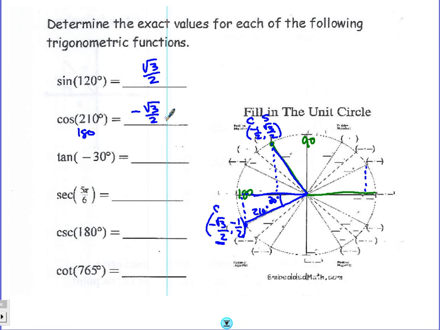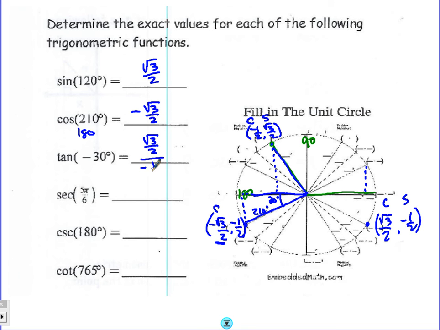All right? Tangent. Let's do one more. Tangent of negative 30 degrees. So I'm going to go down 30 right here. If I go down 30 degrees, again, same coordinates, but now I'm going positive, negative. So I go positive root 3 over 2, negative 1/2, and I'm asked to find tangent. All right, now tangent is sine over cosine. So I'm going to go negative 1/2 over root 3 over 2.